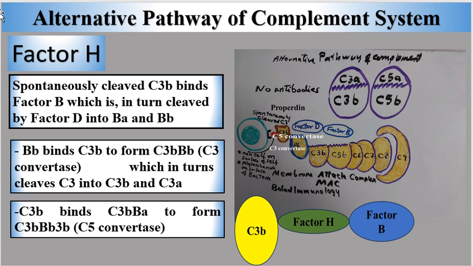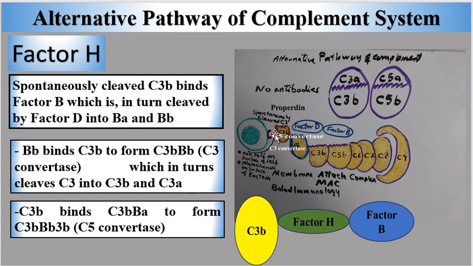Some of them work on the alternative pathway of the complement. For example, factor H, and as can be seen here, this is actually C3b, which is spontaneously cleaved and recognizes non-self on the surface of self cells, and also recognizes polysaccharides on microorganisms, and also recognizes snake venom.